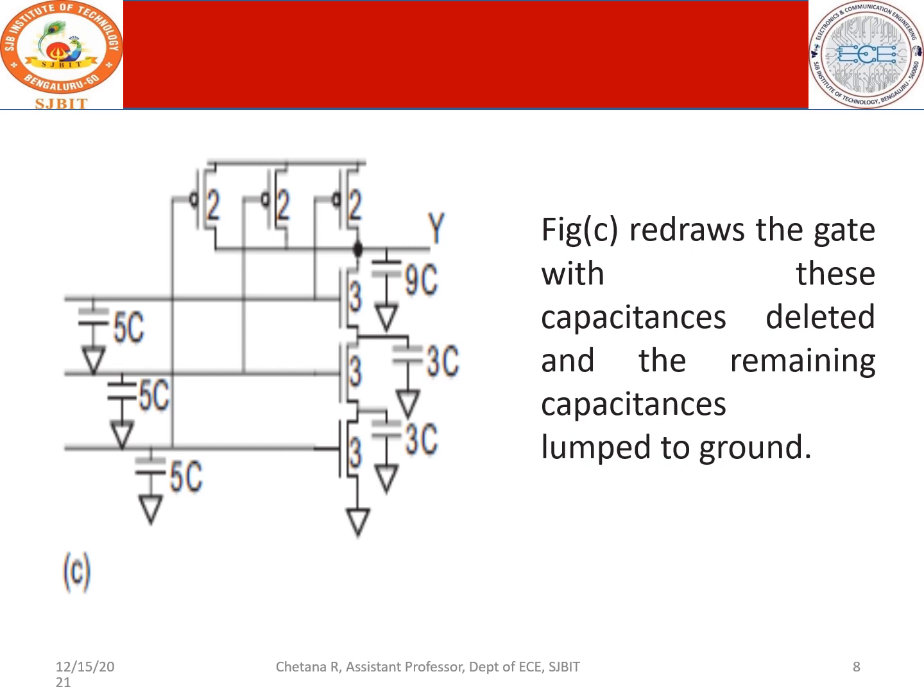Now we will look into the NMOS device. For the NMOS device, normally we consider the drain capacitances. When you look into this PMOS, you had 2C, 2C, 2C.